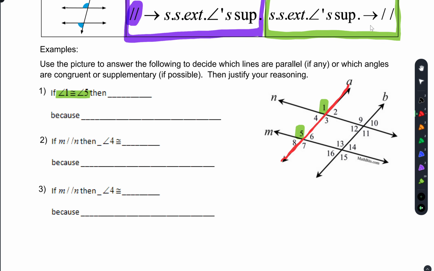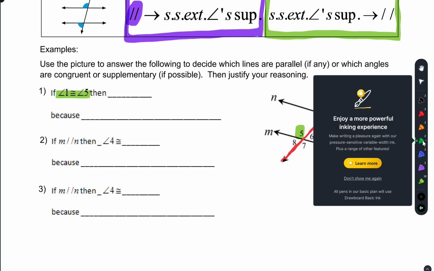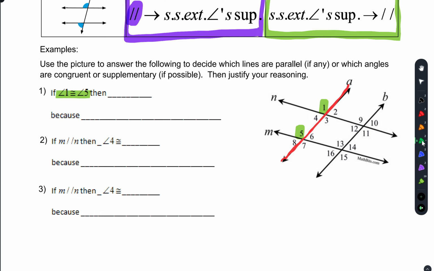Which 2 lines are parallel? What do we think? If A is our transversal, what 2 lines must be parallel then? Yeah, N and M are our 2 parallel lines. We write that literally by saying N parallel to M, like that.